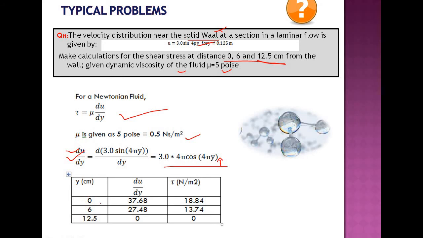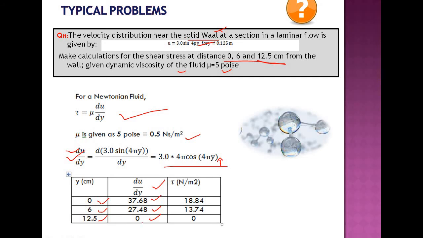If you substitute here, you will get 3 different values of du by dy: 37.68, 27.48 and 0. Why is it 0? If you substitute y equal to 12.5, you are getting the value of du by dy as 0.